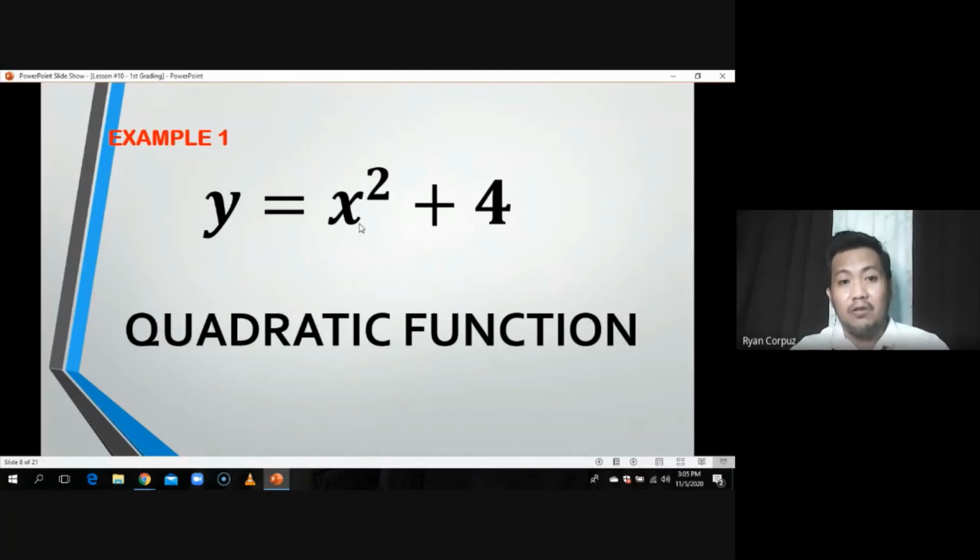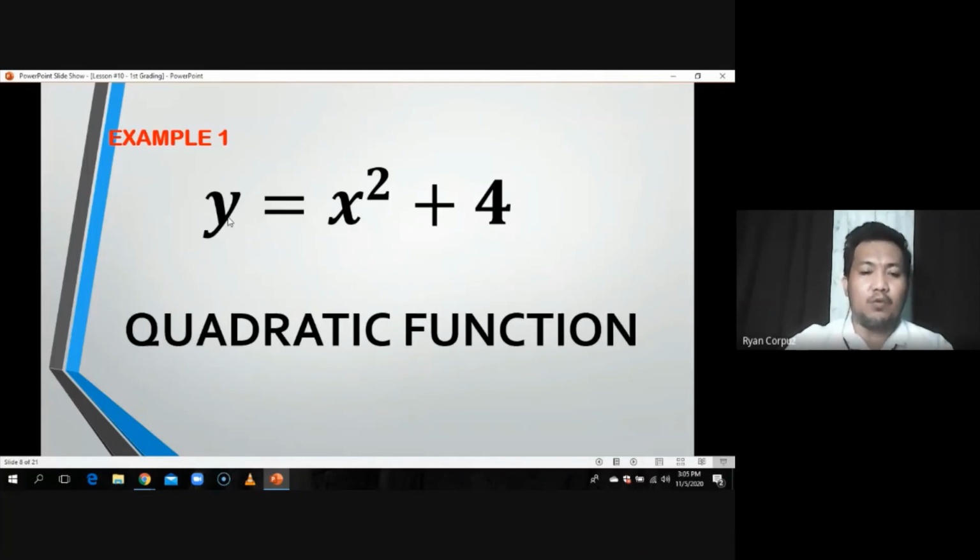So it's the same thing: we carry that definition as the definition also of the quadratic function for us to identify if the given equation is a quadratic function or not. So here, when we equate this to 0, it is a quadratic equation. But when we equate it to y, then it is already called a quadratic function.